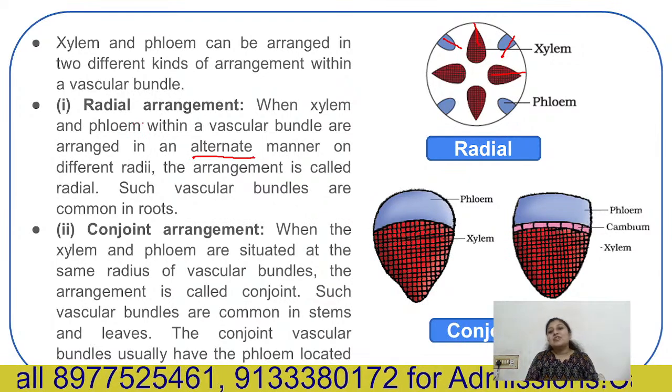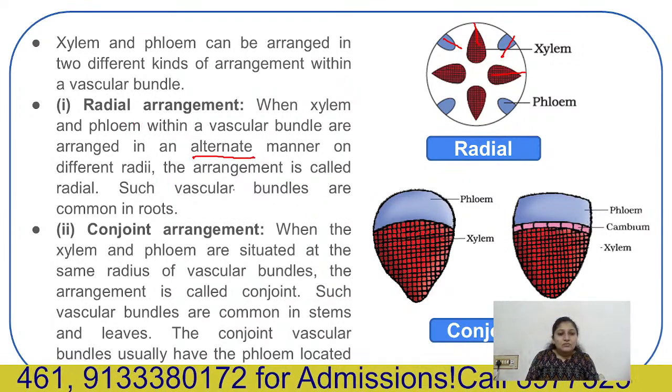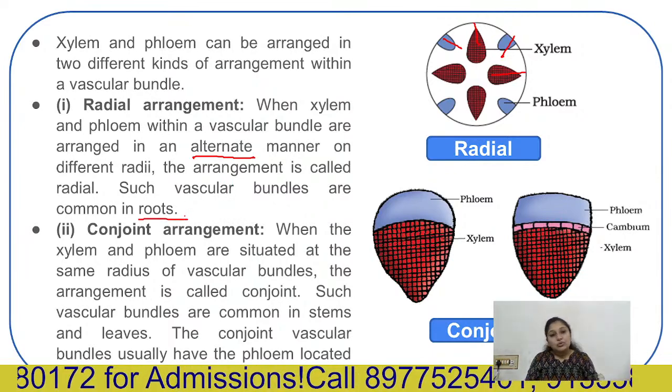This type of arrangement is called radial arrangement, and it is common in roots.